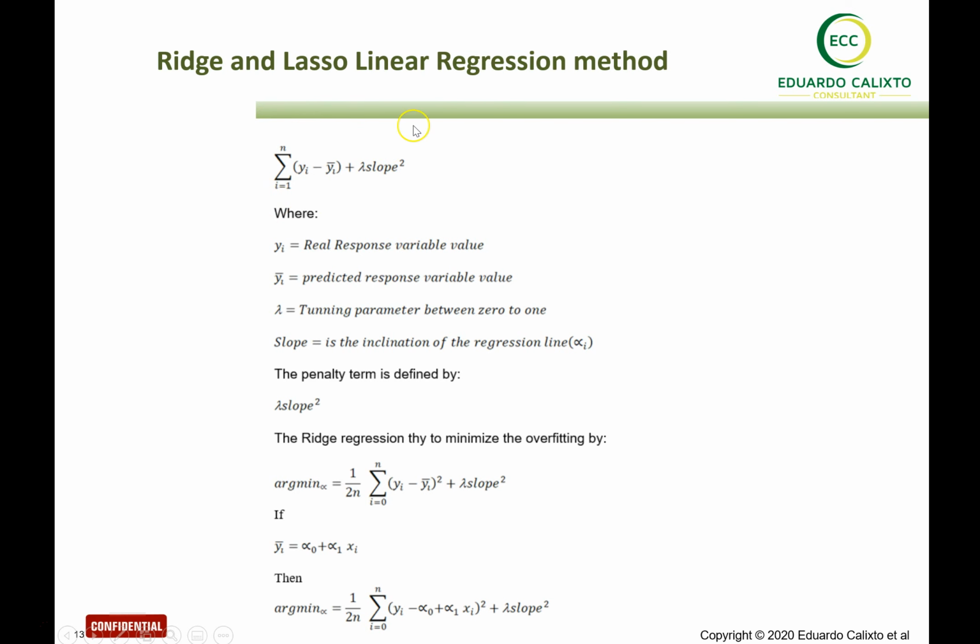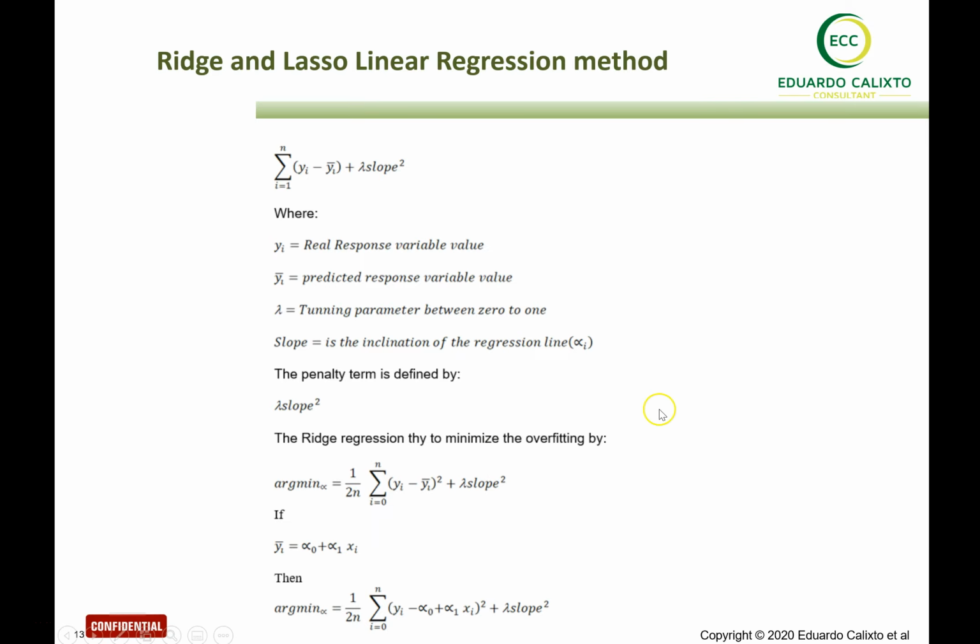So if we do the summation here in this equation, we will find the minimum distance between the points by adding lambda and slope, that's the penalty term. And that is the objective of Ridge or Lasso regression.